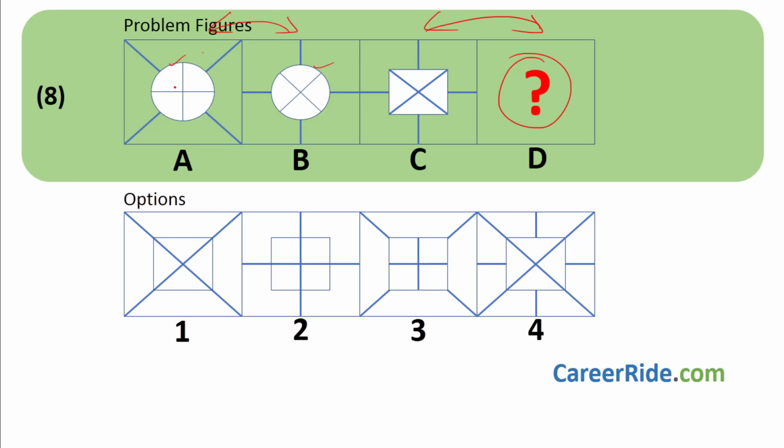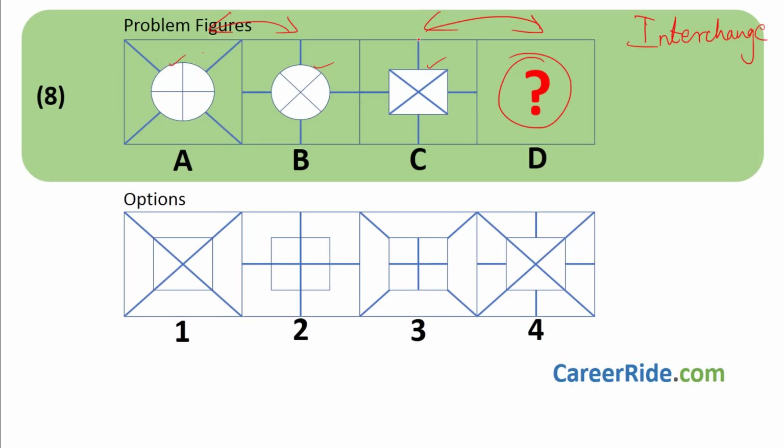Very easy. This is an example of what we call interchange of elements. See what has happened over here. The element circle is same, the outside diagonal lines have come inside, inside square lines have gone outside. Now over here also outside it will remain a rectangle. So all are rectangles.